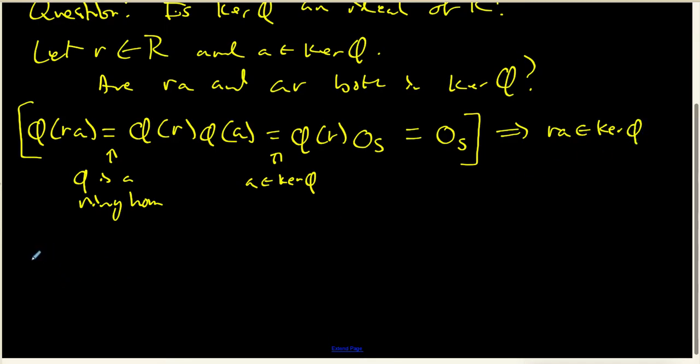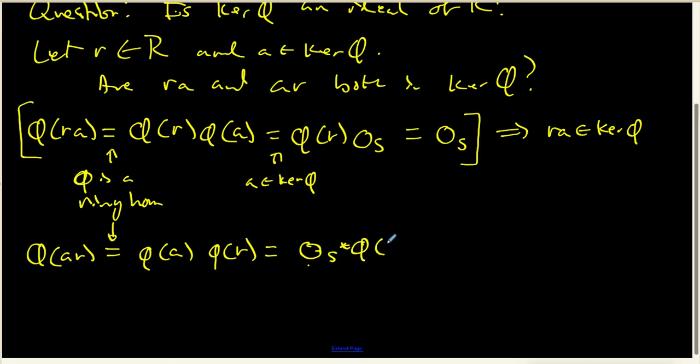And if we turn it around and look at ar, we get exactly the same kind of thing. We have phi of ar is equal to phi of a times phi of r, and that is also because phi is a ring homomorphism. And phi of a times phi of r is going to be 0 times phi of r, and that's because a is inside the kernel of phi, and 0 times anything in a ring is equal to the 0 element, and so this set of calculations says that ar is inside the kernel of phi.